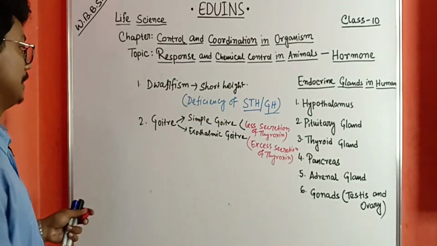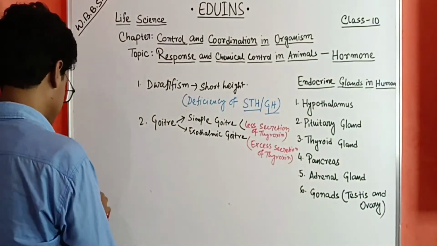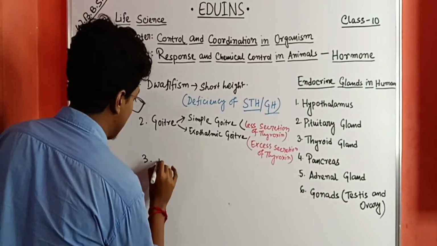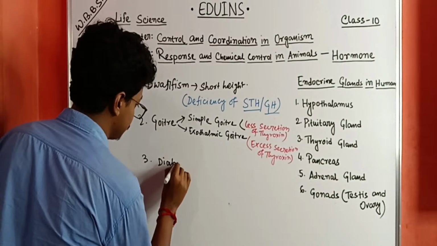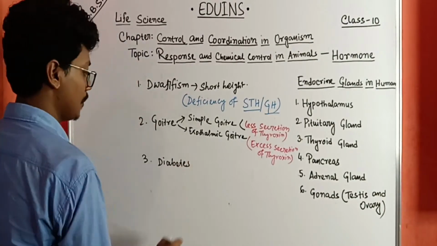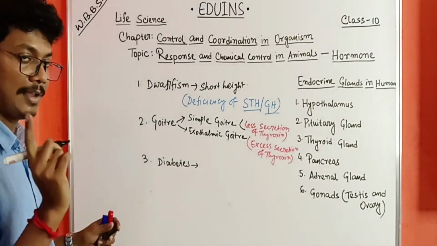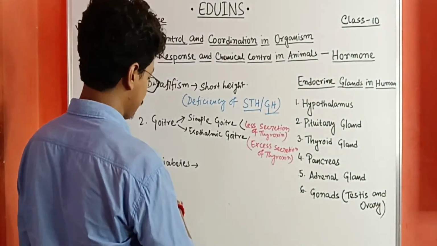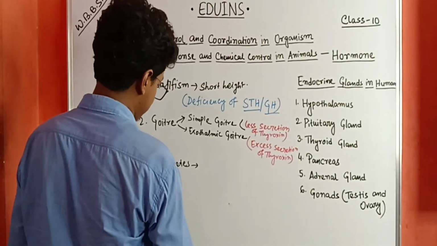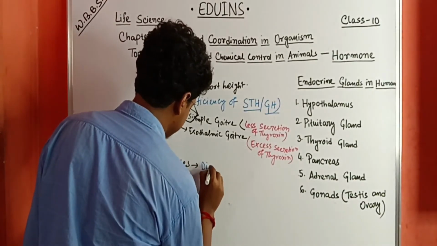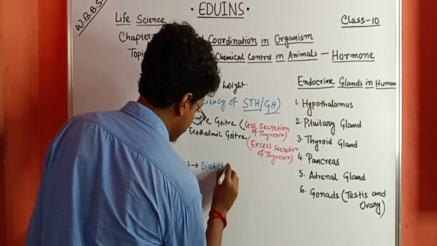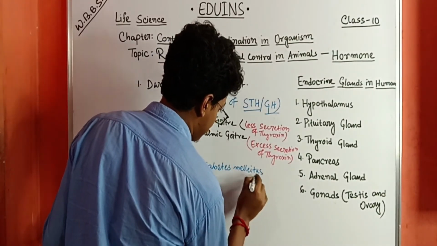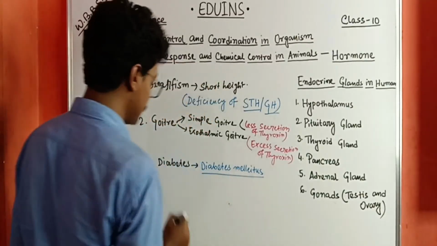Okay, number three is diabetes. There are two types of diabetes. First, we will study diabetes mellitus. What is diabetes mellitus?